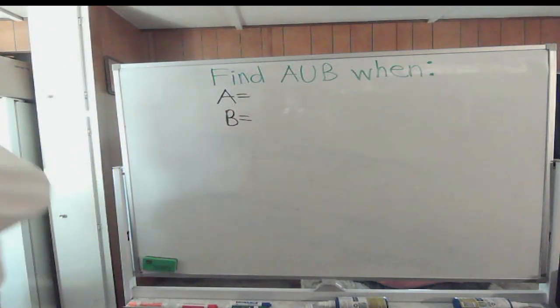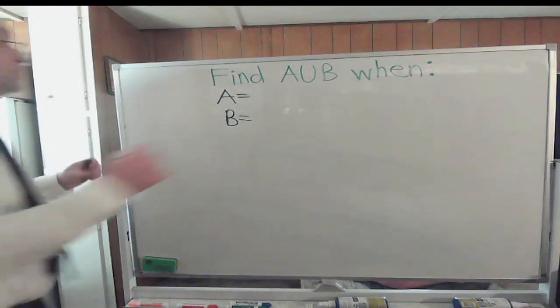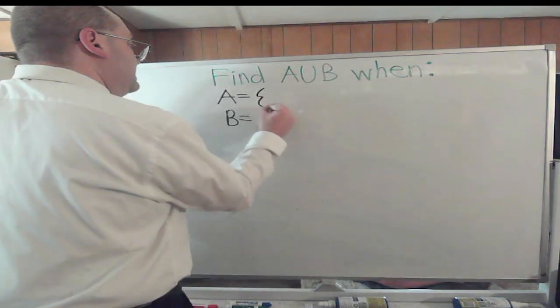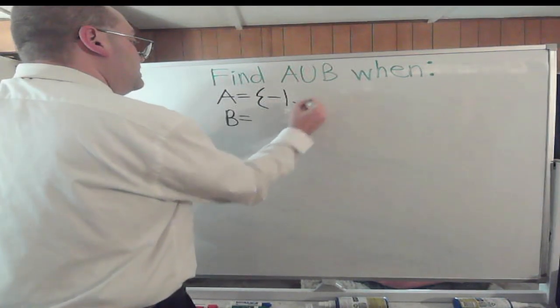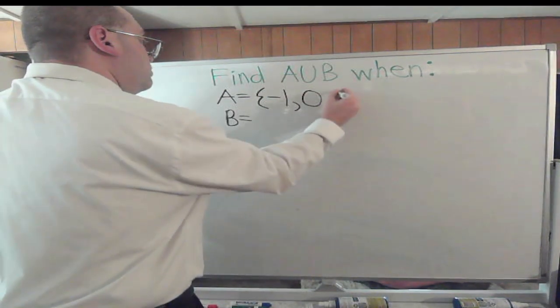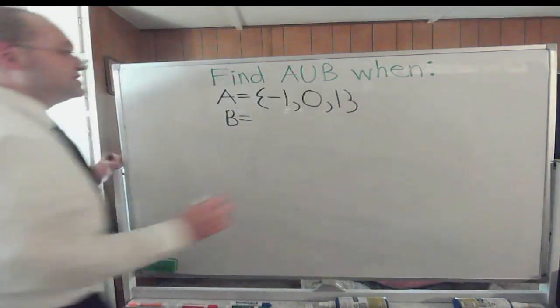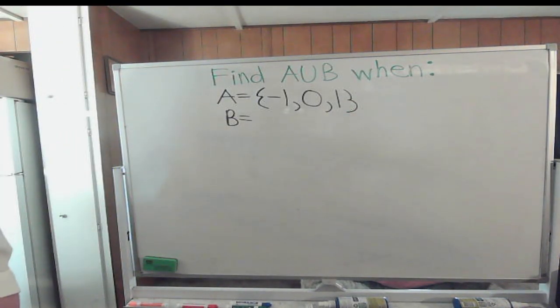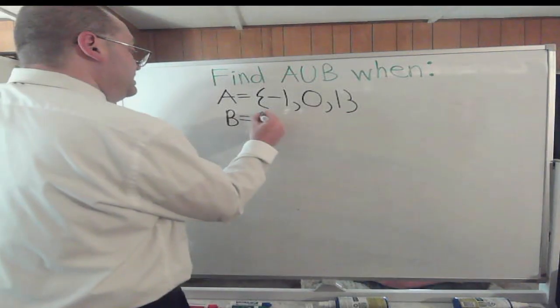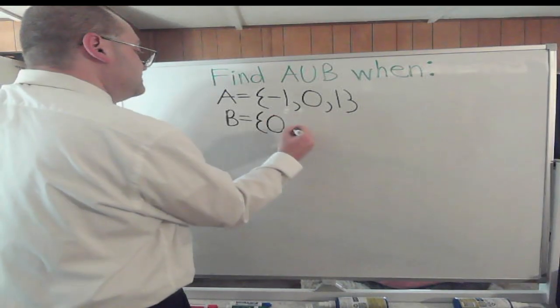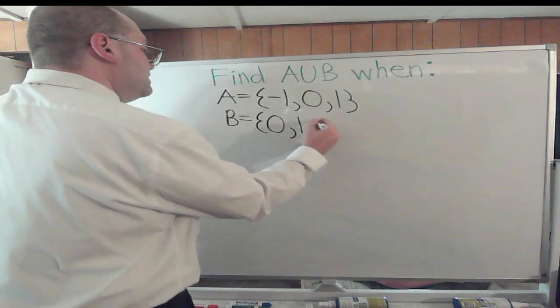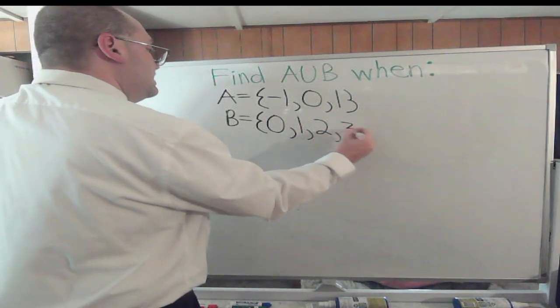Now, next problem. The set of A is equal to -1, 0, and 1. So that's in the set of A. The set of B is equal to the set of 0, 1, 2, and 3.